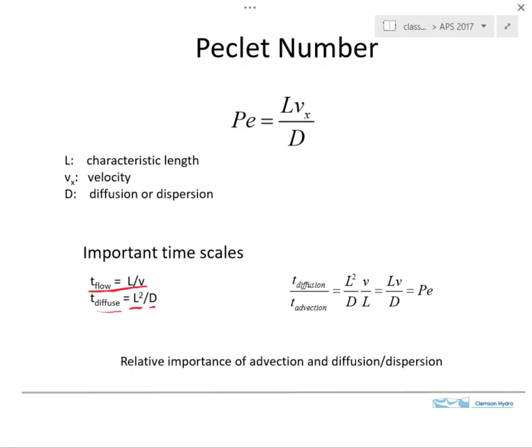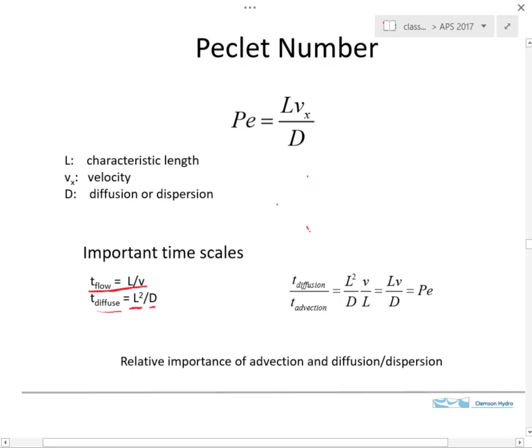So if we do that, then we have L over V, that's the time scale for flow or for the advection, and the diffusion is L squared over D. I guess actually we should do it the other way.